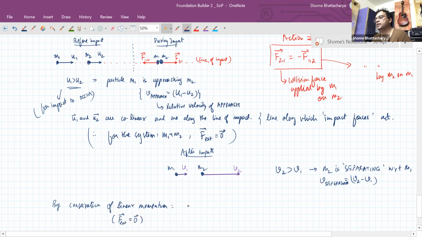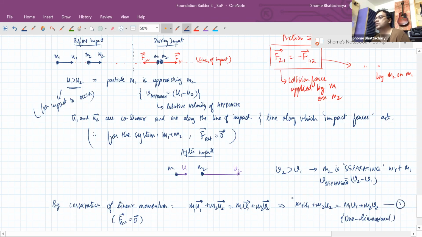So what should happen is that m1u1 plus m2u2 vector sum should be equal to m1v1 plus m2v2. But that will over here imply that m1u1 plus m2u2 scalar sum only is equal to m1v1 plus m2v2 because it is one dimensional. Okay. So this becomes our equation 1.